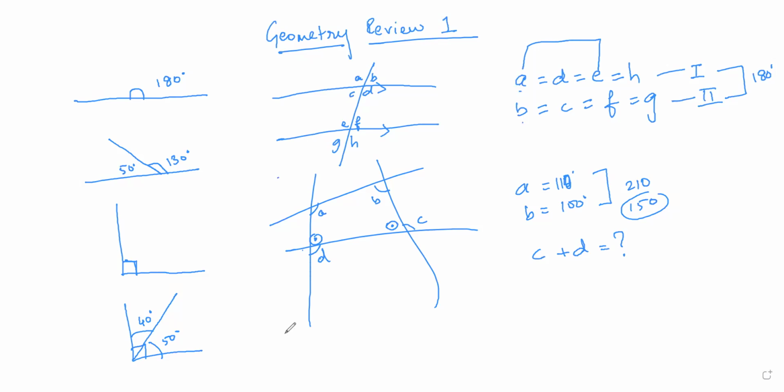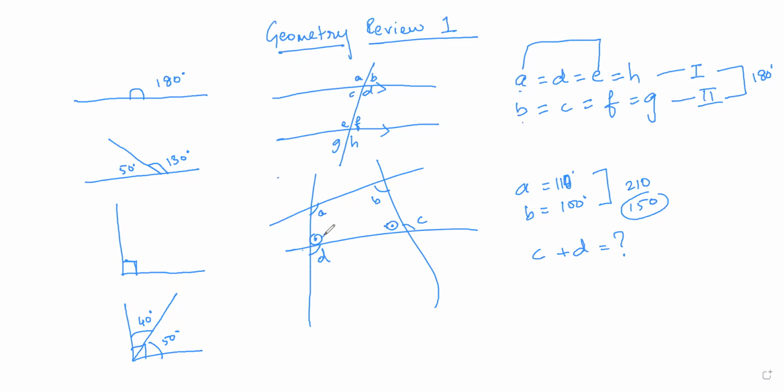But we can't tell you exactly what C and D are, but can we say what C plus D is equal to? I know that these two angles together is 150.